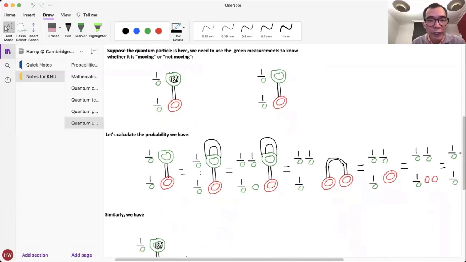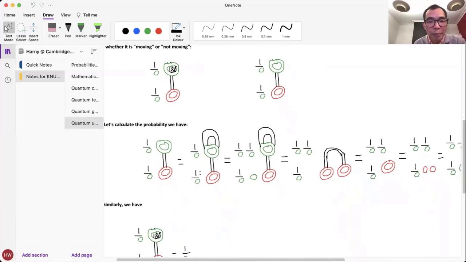So how do we calculate? We want to use some rules. Mostly for green spiders or red spiders, when we use fusion, we fuse them together. But the fusion rule is an equality, which means you can do unfusion, right?